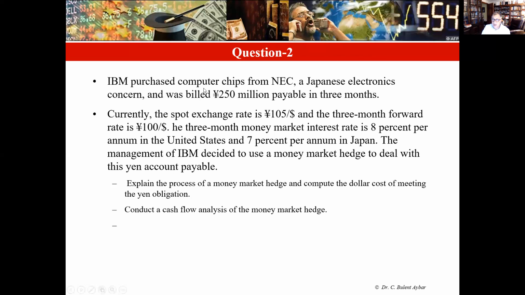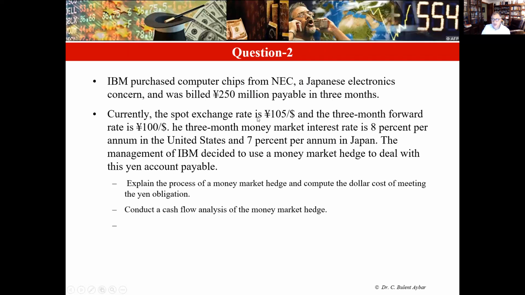In this particular case, we have a US company that is importing computer chips from Japan, and has a 250 million yen payable. So there is a liability involved in this case.